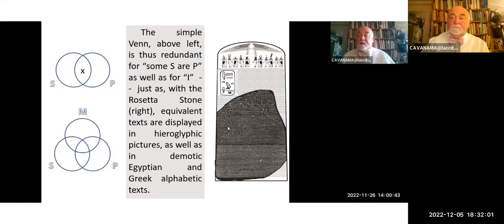But there was a stone that had some hieroglyphs plus demotic Egyptian plus ancient Greek. And we could read demotic Egyptian, we could read ancient Greek. So we could see what hieroglyphs corresponded to at least certain words. And then by a process of extrapolation, linguists worked out more and more of these hieroglyphs from context. And then, of course, people are now able to read them.